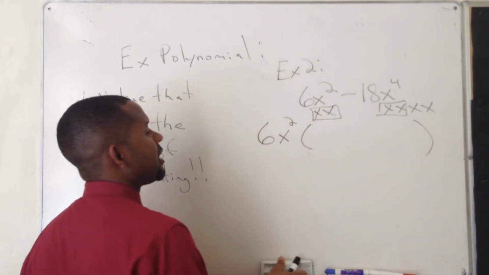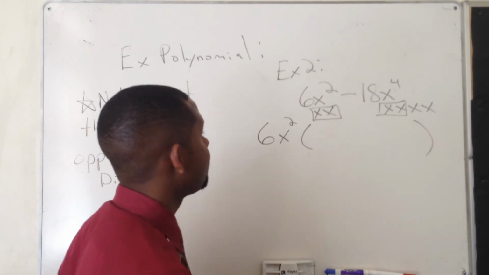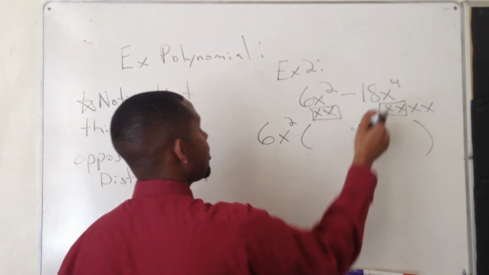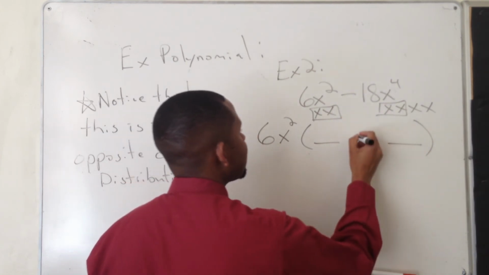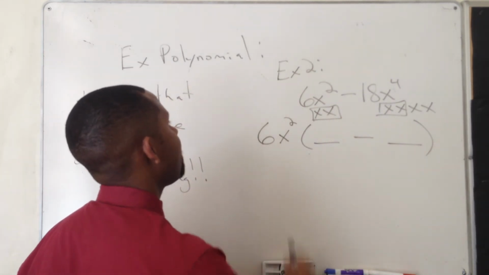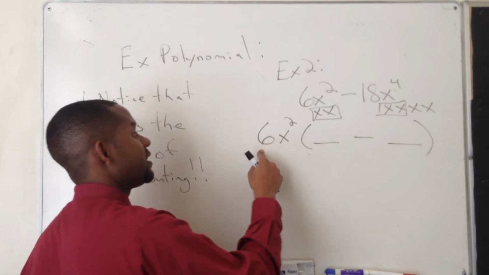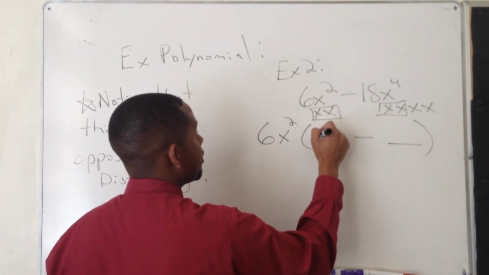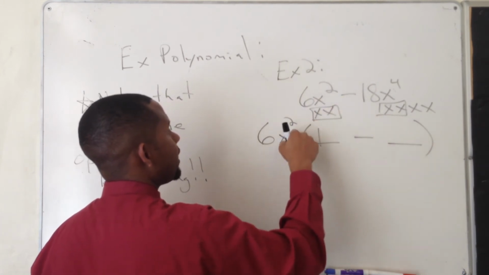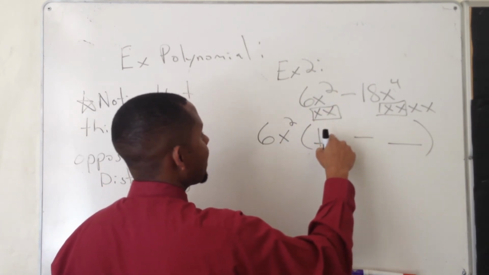So now the question becomes, well, what do I have left? Well, notice, if there are 2 terms here, I'm always going to have 2 spaces on the inside. This is a subtraction, so I'm going to put a subtraction sign. 6 divided by this 6 leaves me with a 1. Or actually, I will write that down. X squared, and I took away 2 of them, so there are no x's left here.